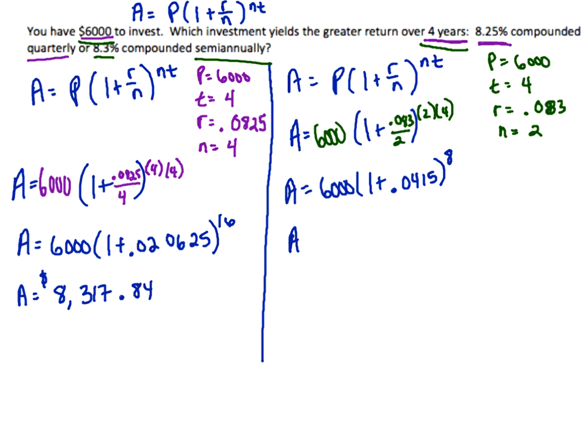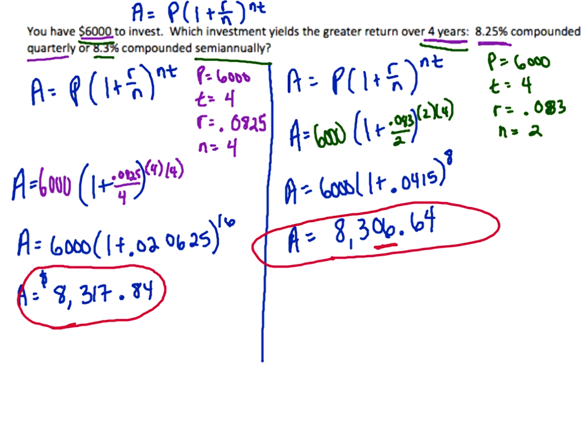And for this one, I get an account balance of $8,306.64. So although it's a pretty minute difference in the account balance, so we have this account balance here and this one here, very minute difference.